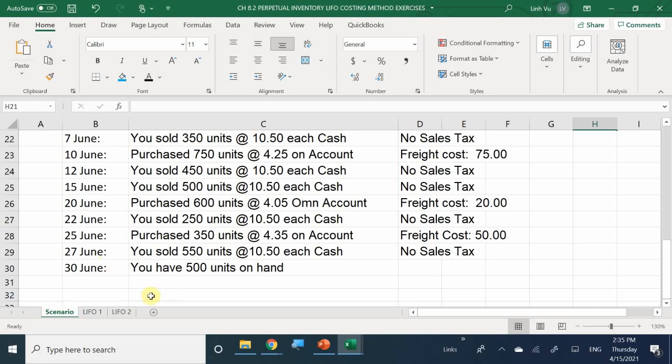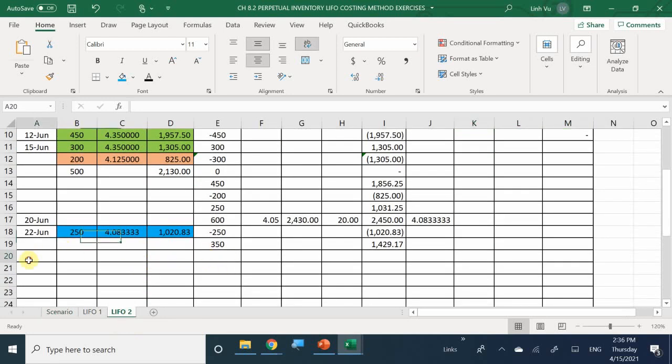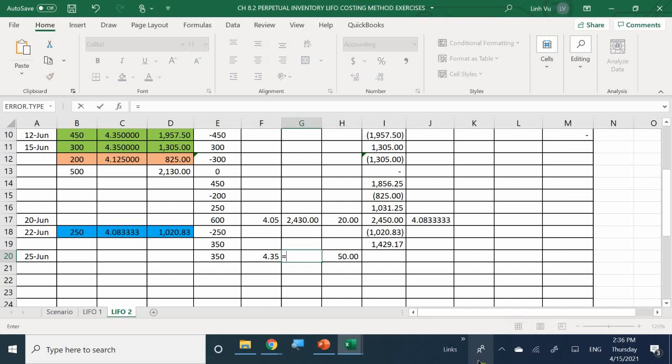Okay. All right. Look for the next blank space. It is now June 25th. We bought 350 at 435 with a freight of 50. So what is going to be my purchase price? So 350 times 435 gives us how much?